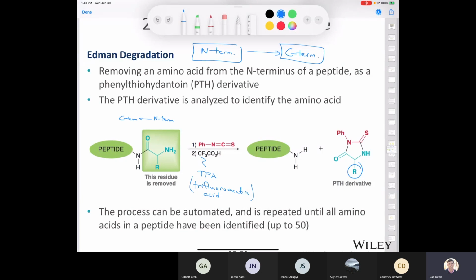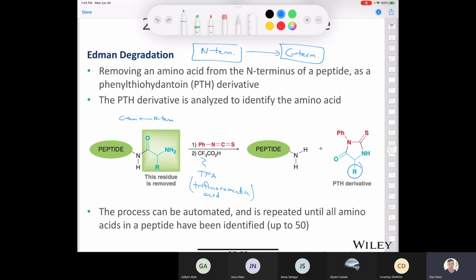And so you can analyze that by mass spec to determine the identity of the amino acid at the N terminus, and then you just keep doing it over and over and over, right? Then you determine the identity of this one. So this process can actually be automated. So there's actually instruments. I was going to say machines, but technically it's an instrument that can do this and keep going all the way up to 50 different amino acids.